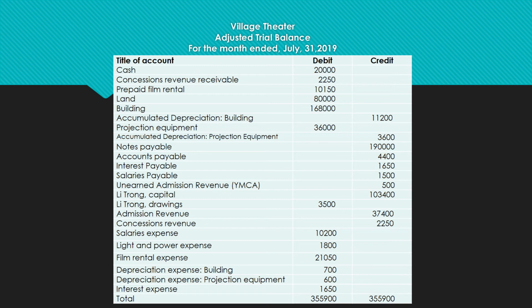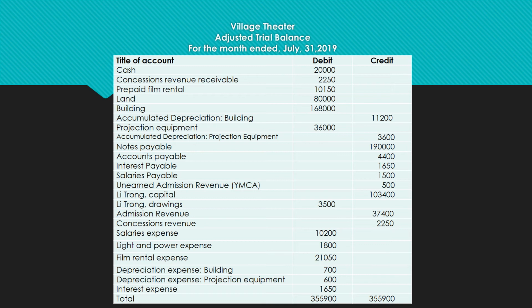So that's why we have shown here the new account which was created in adjusting entries, concessions revenue receivable, 2,250 on the debit side.